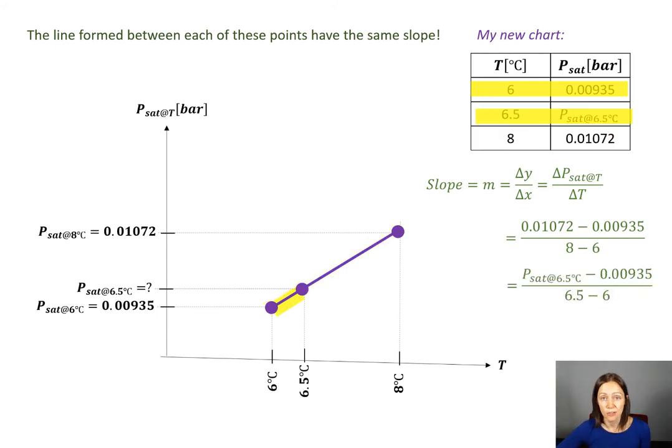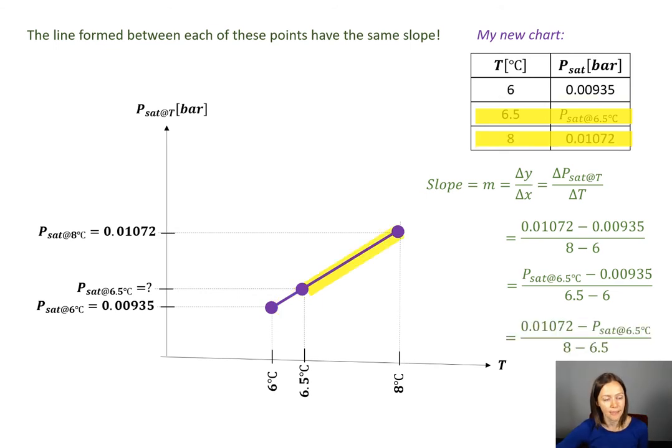I could look at another slope, and that would be between the coordinates for 6 and 6.5. So looking at my chart again, working from the bottom to the top, delta y is p sat at 6.5 minus 0.00935. And then for the denominator, delta x, 6.5 minus 6.